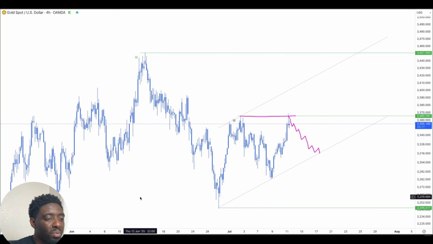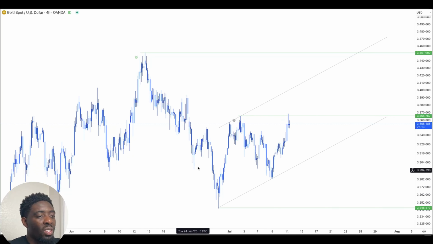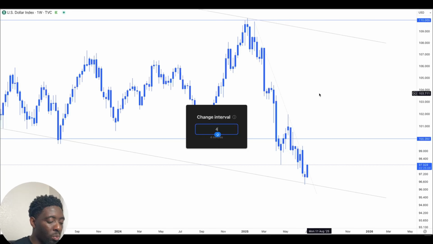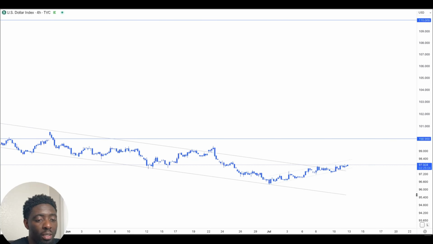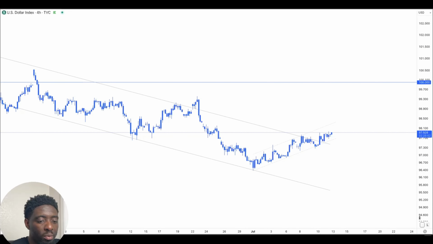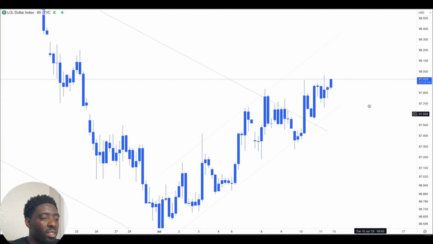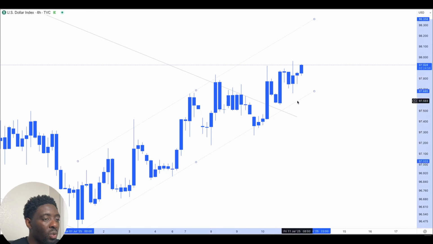So now let's break this down again. We're going one step at a time. So if there's an inability at this point, at the same time you want to pay attention to what's happening on the DXY. Let's put this on the 4-hour time frame like this. Perfect. So if the DXY keeps buying, we're looking at this piece.